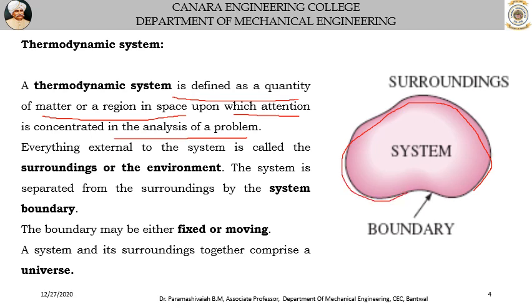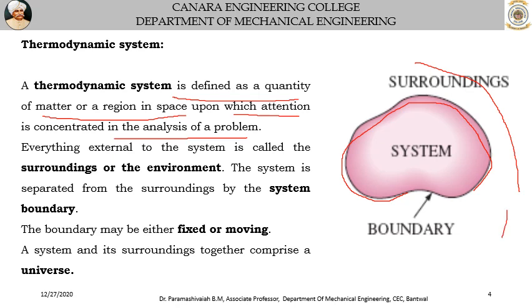So if you consider this as a system, our study is related to only what is happening inside the system. Okay. Then around that, whatever is there is called surroundings, surrounding or environment.